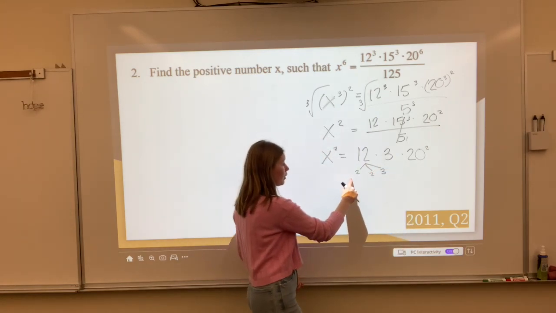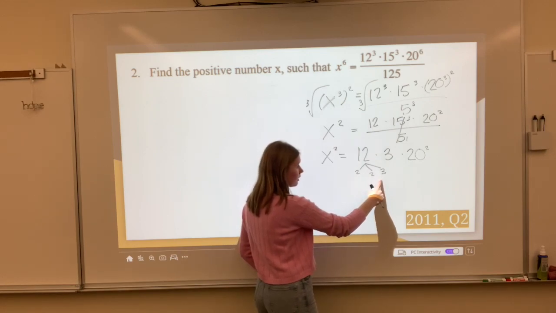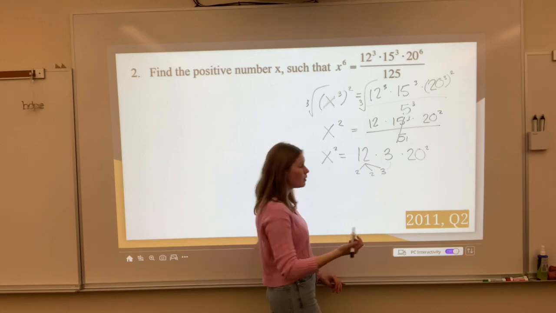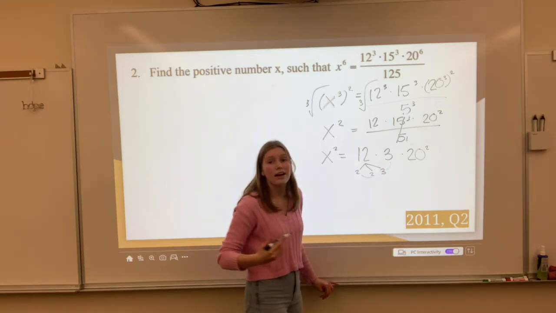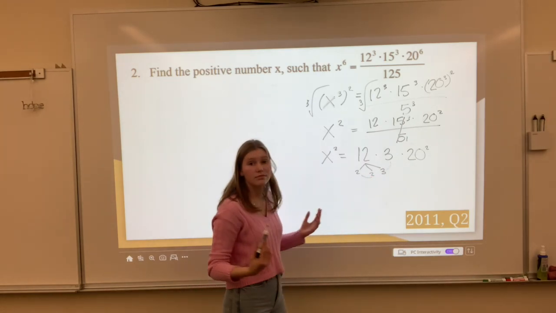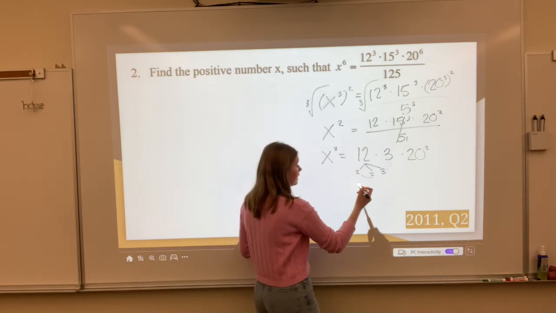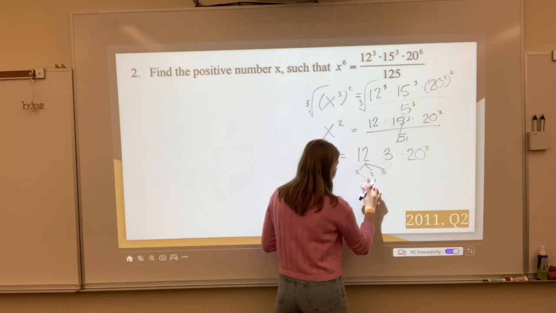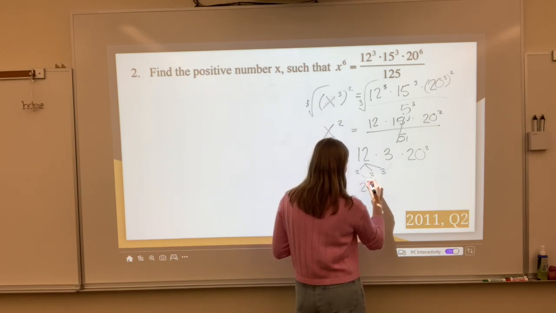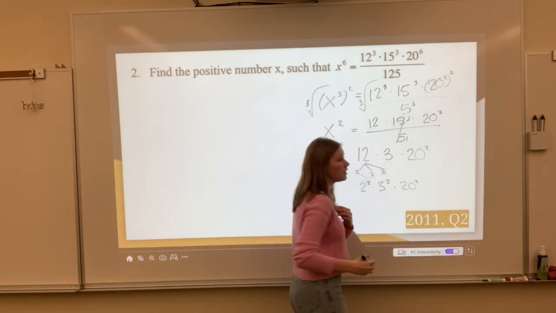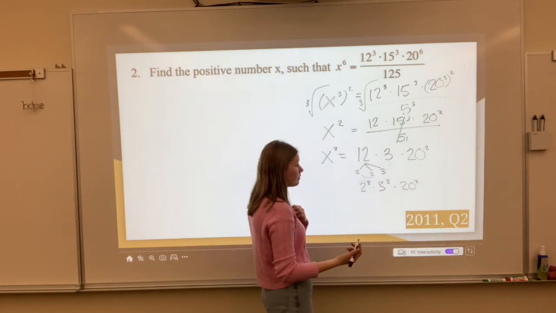Notice if we rewrite 12 as 2 times 2 times 3, we can say 3 times 3 here, another square number, and 2 times 2 here, another square number. So we could rewrite this as 2 squared times 3 squared times 20 squared, take the square root of all that, and multiply.